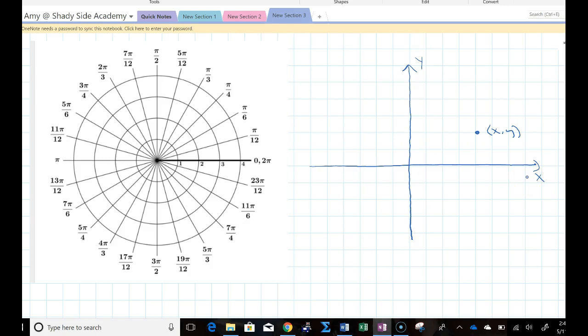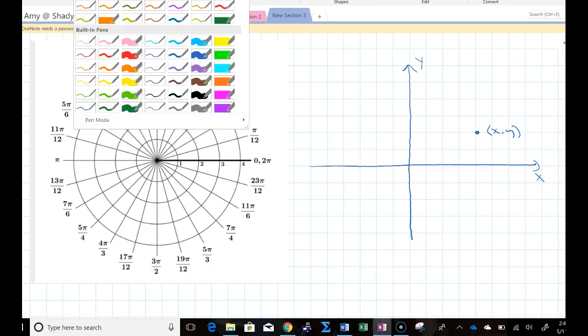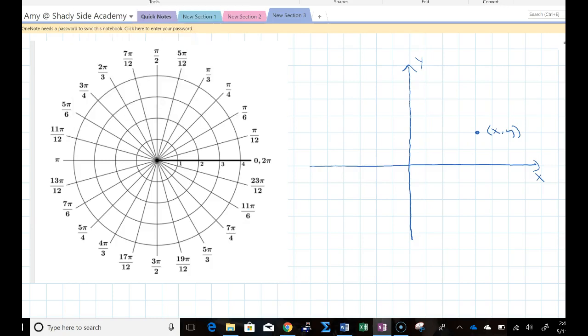Now, what's particularly interesting is you can superimpose the two coordinate systems upon one another, and I'm going to do just that. If you superimposed the x-axis and the y-axis on the polar coordinate system, what you see here is that the x-axis could be thought of as this line that passes through the center of the circle horizontally, right?